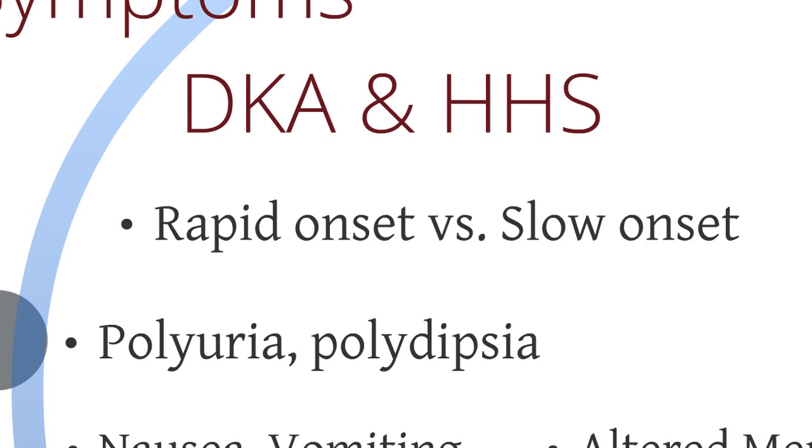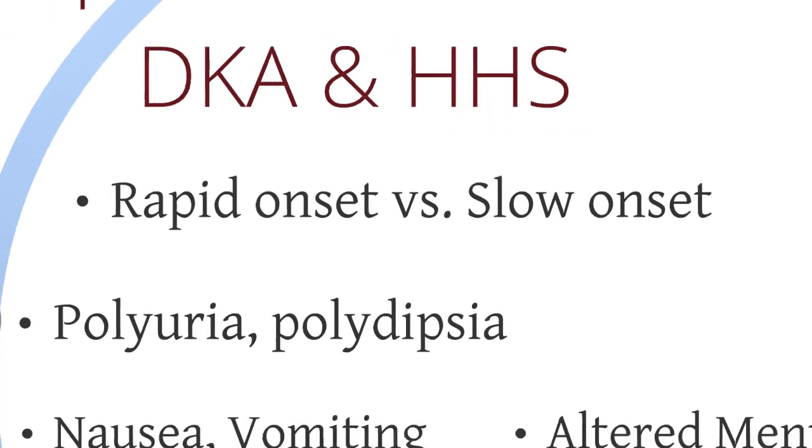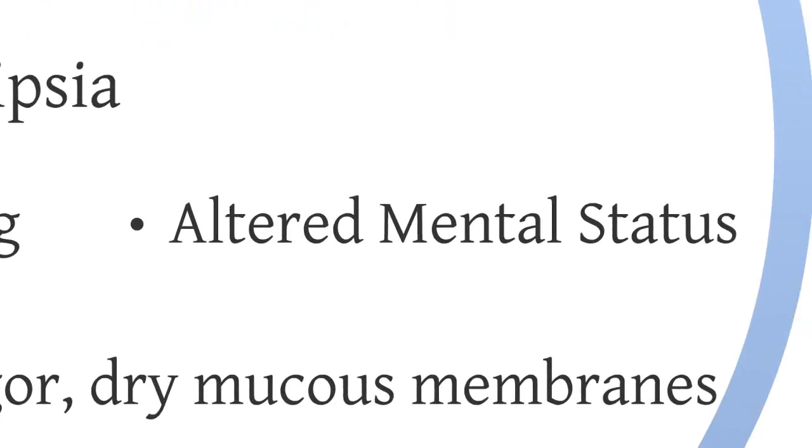The common features between DKA and HHS include polyuria and polydipsia. These are due to the elevated glucose and ketones in the blood. Altered mental status is actually the most common presenting feature for HHS, though you will see many patients with DKA present with altered mental status, and it should be worked up completely.